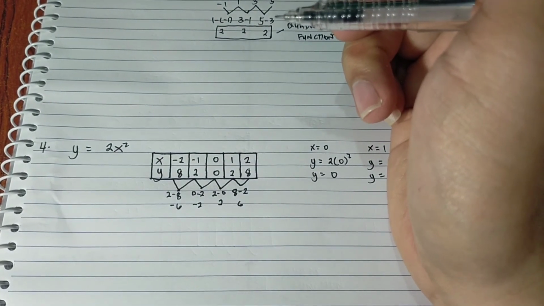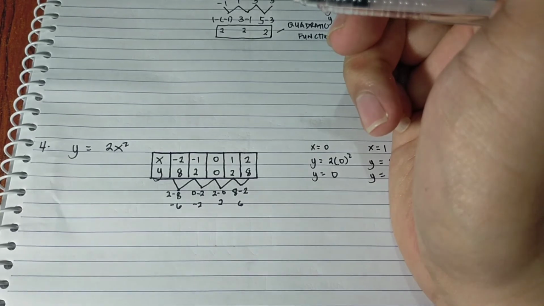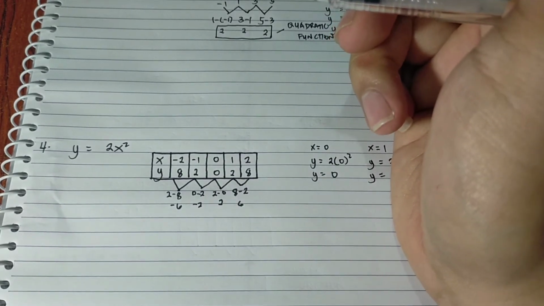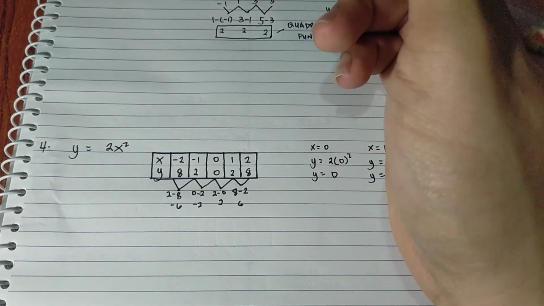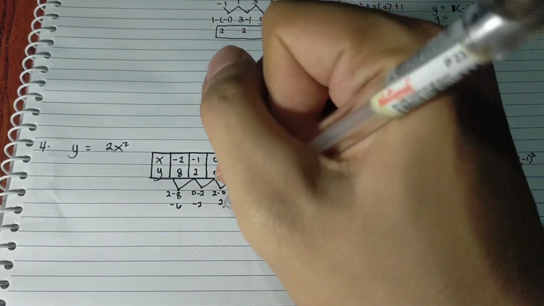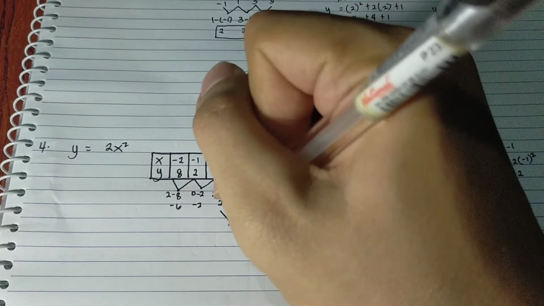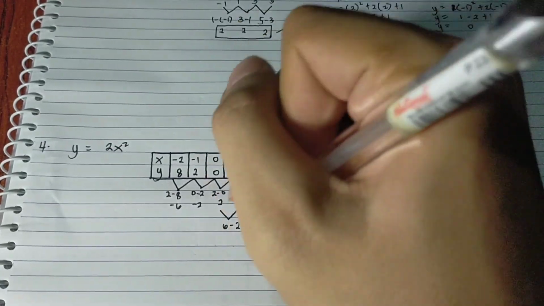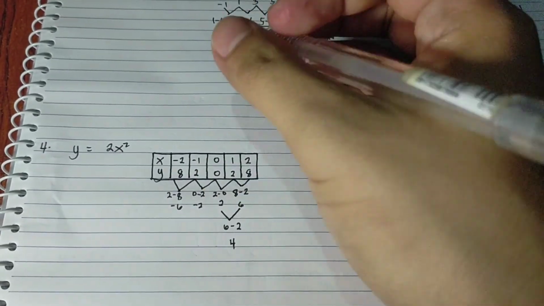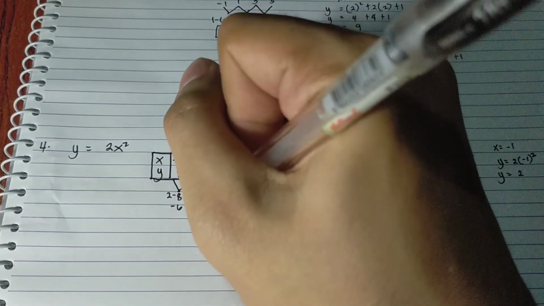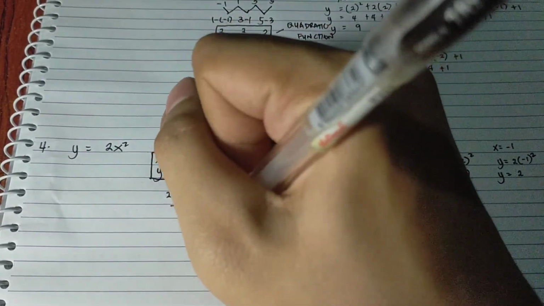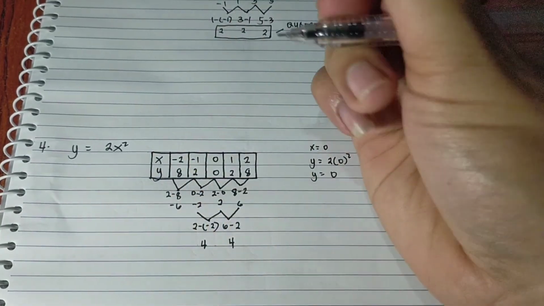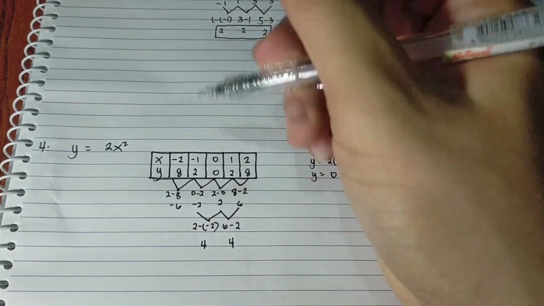As you can see, the given answers that we get is not the same. So, we are going to subtract again the given. So, again, 6 minus 2. The answer is 4. 2 minus negative 2. The answer is 4. Dahil magiging positive na yung negative times negative.